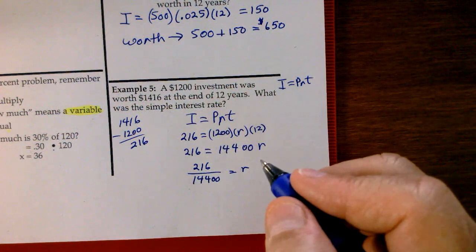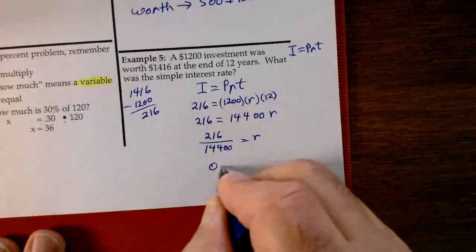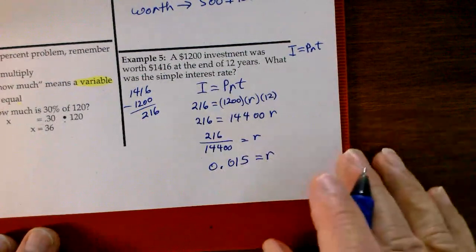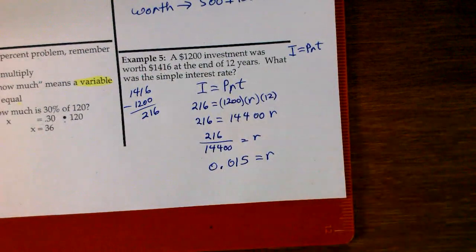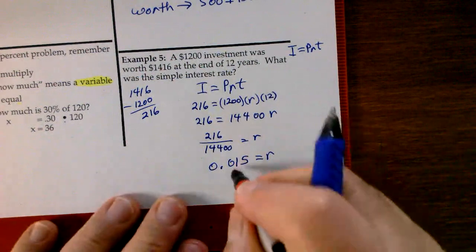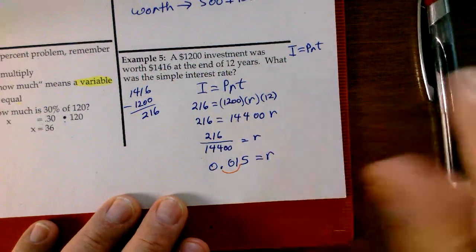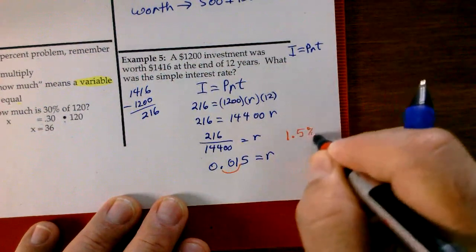And I want to get this number, and it's going to be 0.015. And remember how we make a decimal into a percent. We slide two places, always two places, and you get 1.5%.